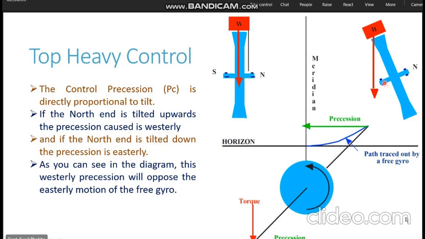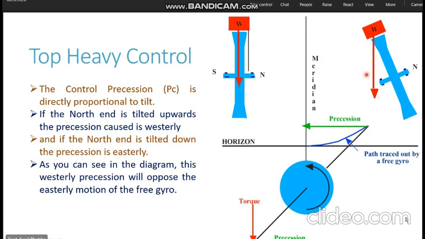Now, as soon as some tilt is generated, the weight starts to act on the south end of the spin axis, generating a precession, trying to take the spin axis back towards the meridian. Now, you can easily visualize that as the tilt of the spin axis increases more and more, the difference between the weight acting downwards and the center of gravity of the rotor is also going to increase more and more.